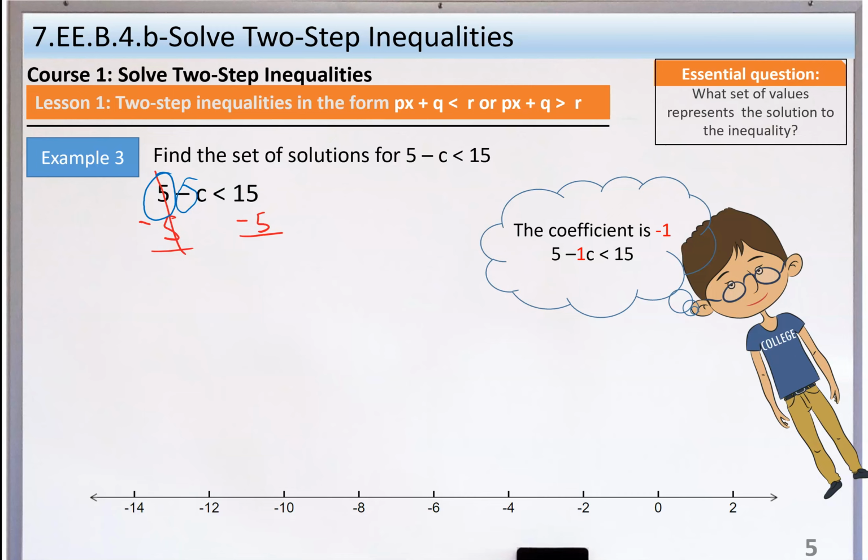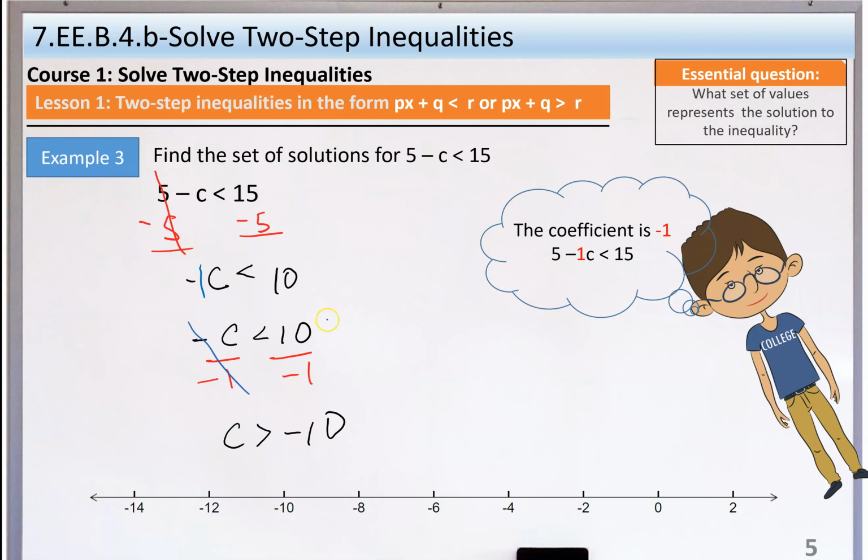Okay, so we subtract 5 from both sides. Get rid of that. And we're left with the opposite of c is less than 10. Well, if that's like a negative 1, what will we have to do? We have to divide both sides by negative 1. And because we're dividing by a negative number, we have to switch the inequality.